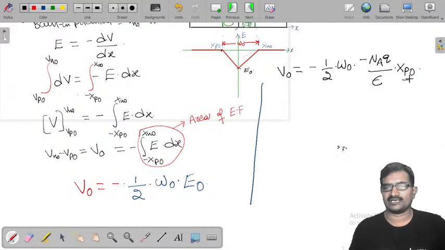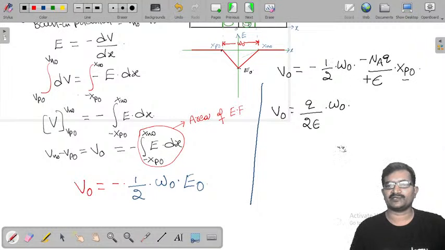Now I am replacing that value. Therefore V0 is minus into minus plus, so Q by 2 epsilon into W0 into Na into xp0.